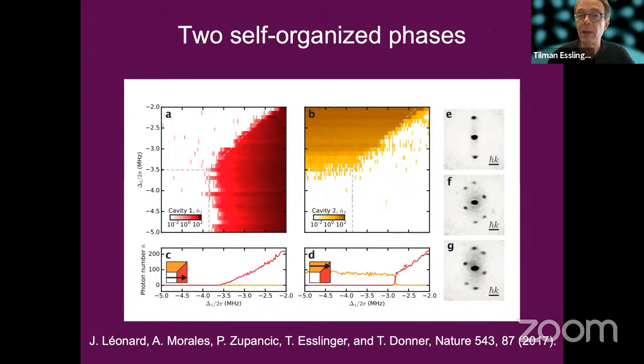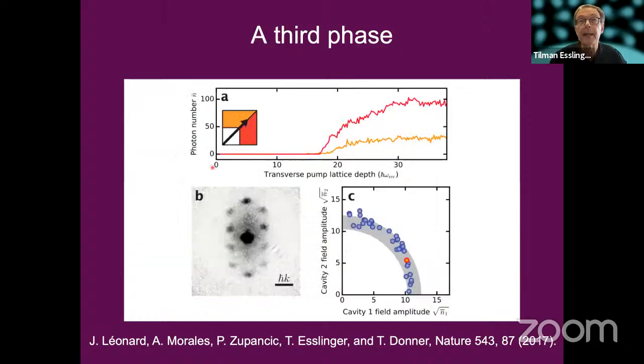But there is also an intermediate regime on this line, which is more or less the dashed line where both cavities couple with the same strength. So the question was, can I have a field in both cavities? And that is possible if you do it in the following way.